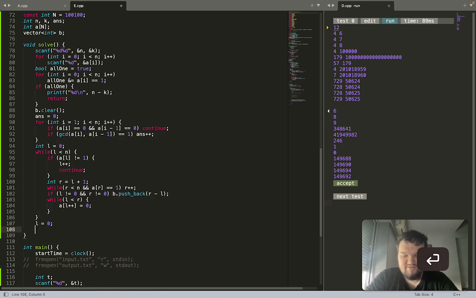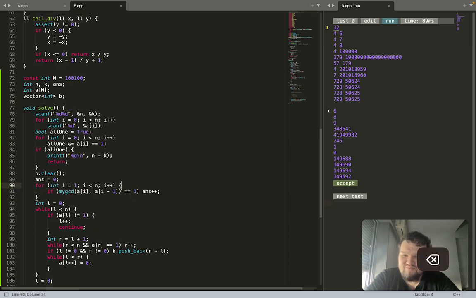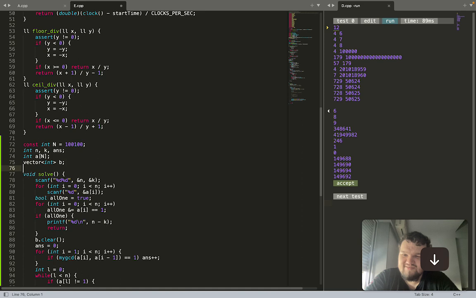Now similarly find the segments where every consecutive pair is K'. I guess I should just write my GCD so that I don't have to put this check every time.